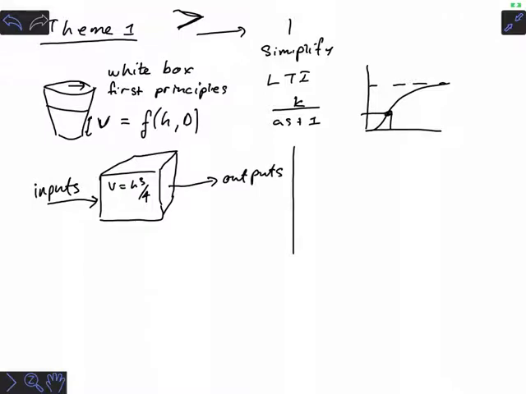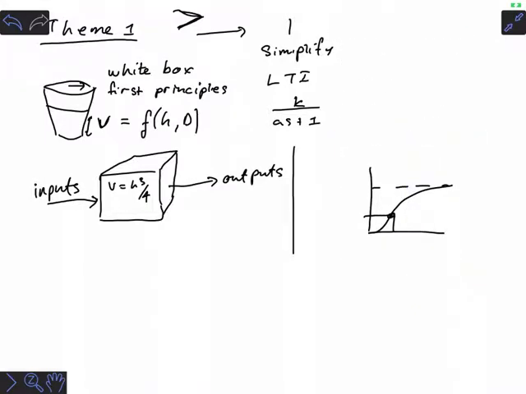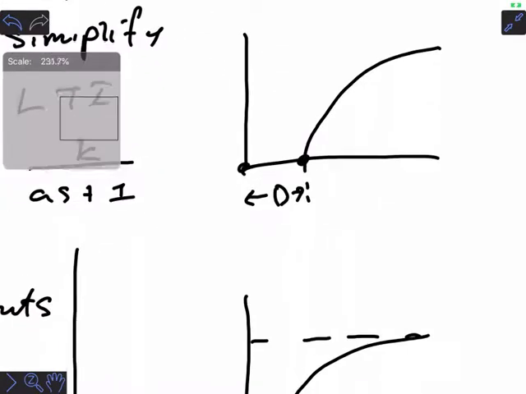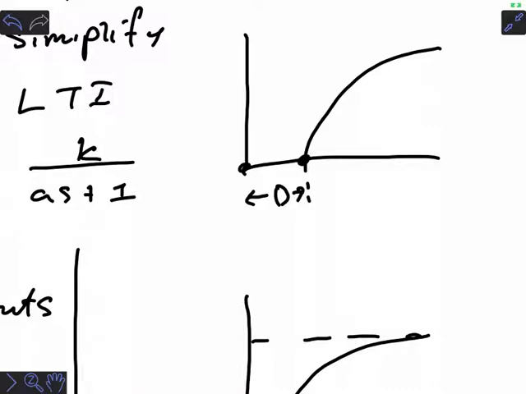So there are people who have written down rules. And the rules look something like, if you have a first order plus dead time system, you can read the dead time off over here. Let's just zoom into that. You can read the dead time off over there. Everybody should be familiar with the first order box, right?